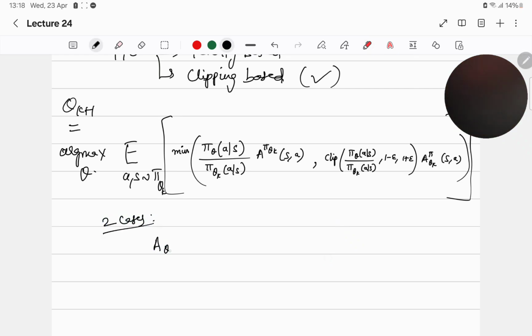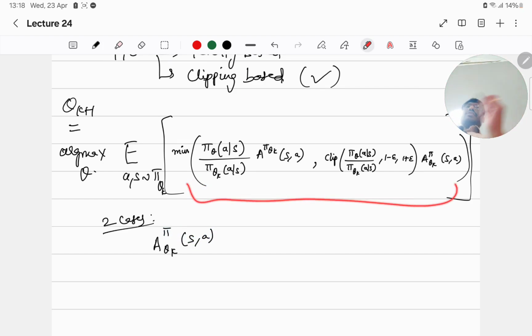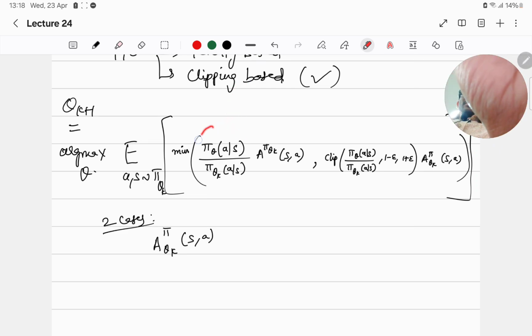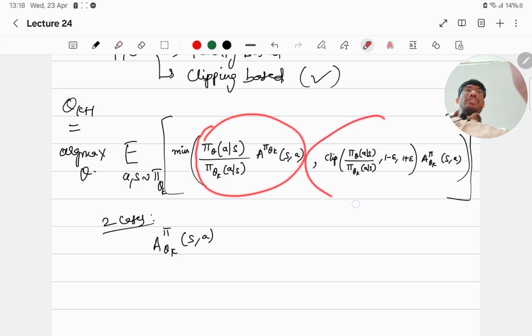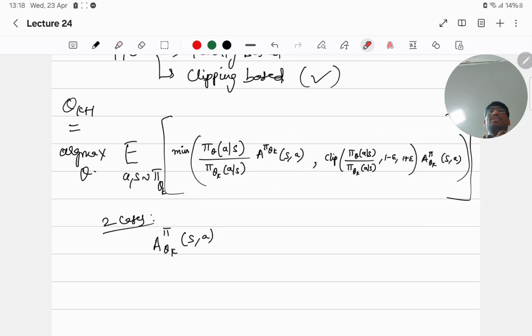If advantage is positive, what will this whole thing be equivalent to? Which of these two will give the minimum if advantage is positive?